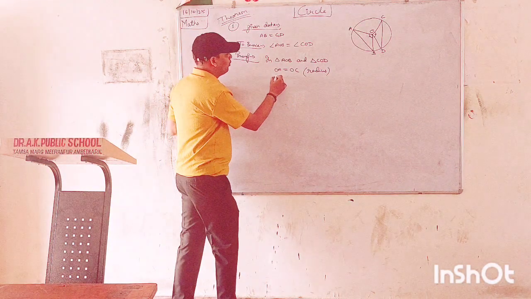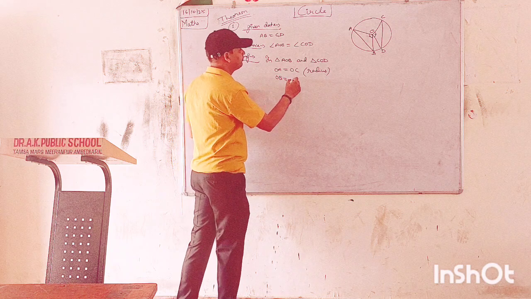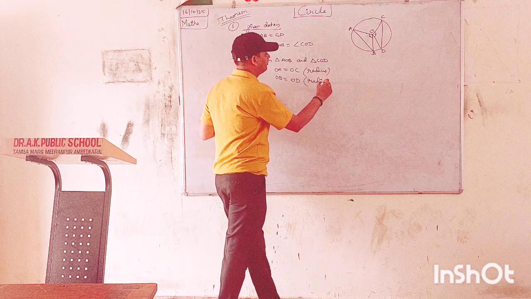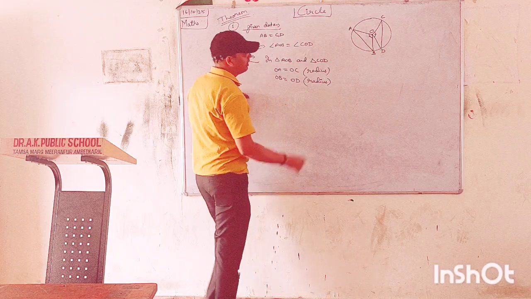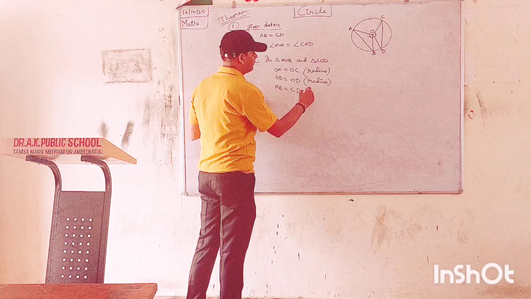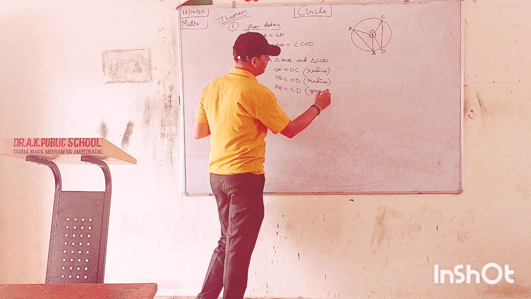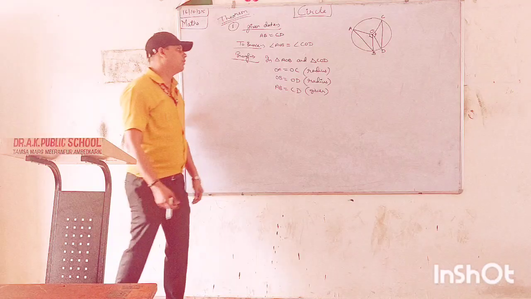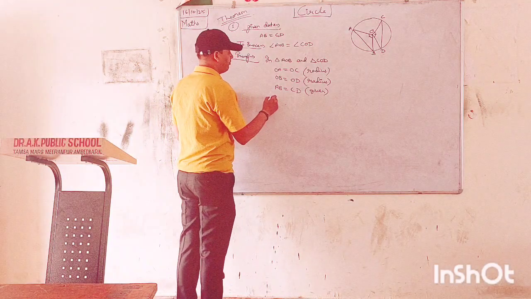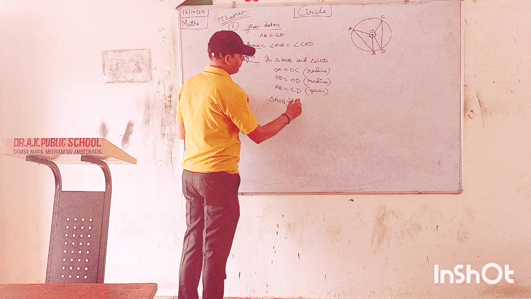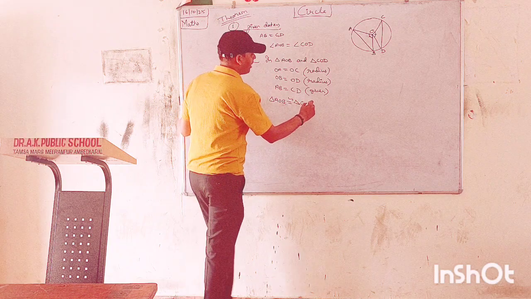Correct. OB is equal to OD, it is also a radius. And AB is equal to CD, it has been given to you. Clear? Now by which criteria?